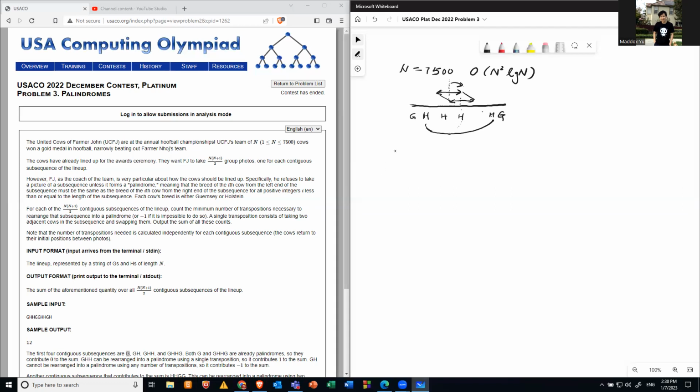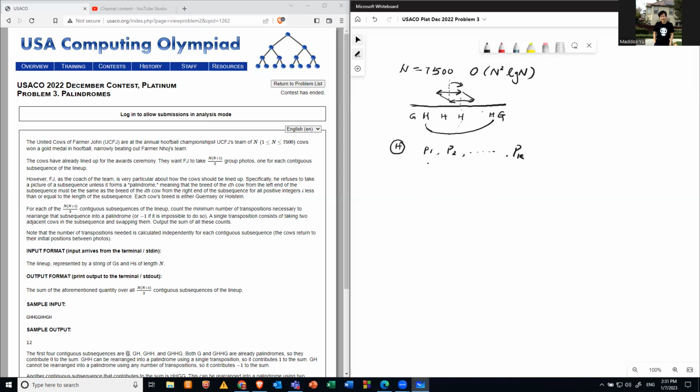So let's assume those edges. If we just look at the edges, okay? Let's assume those edges are at position 1, position 2, all the way to position K. Okay, let's say we have K of them, right?